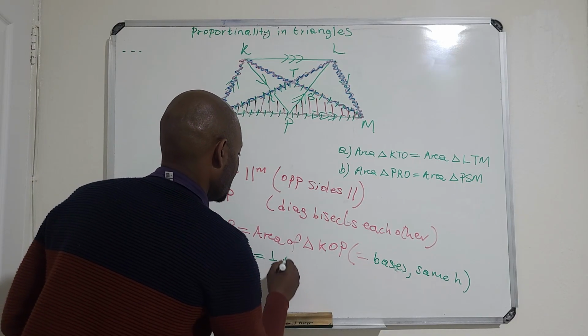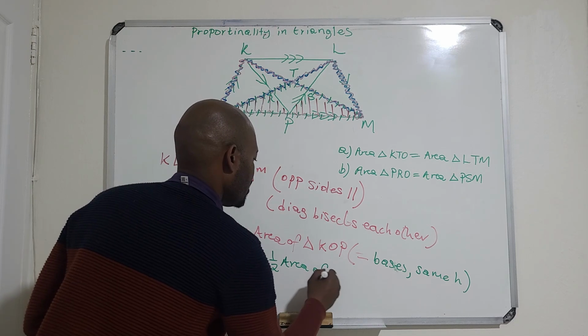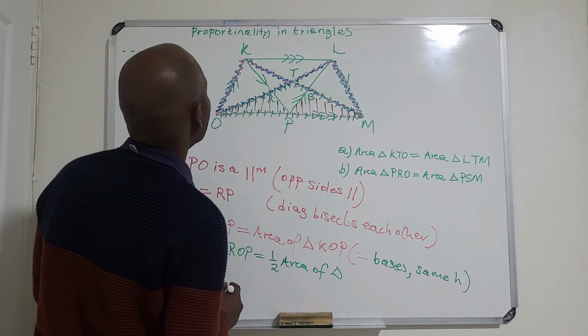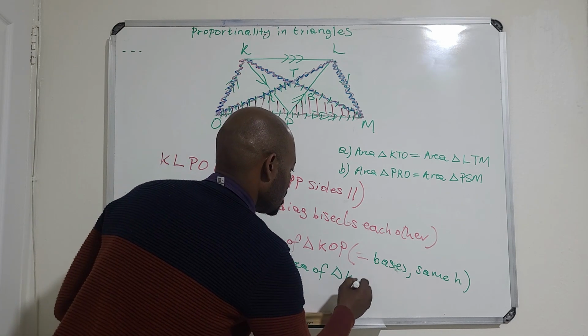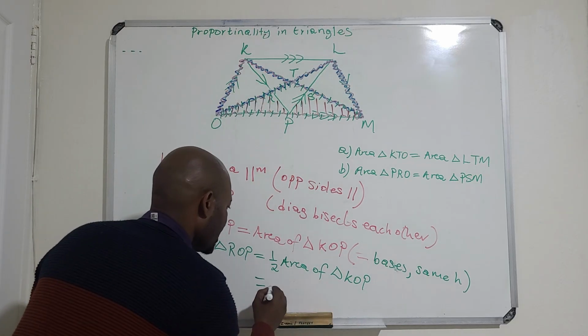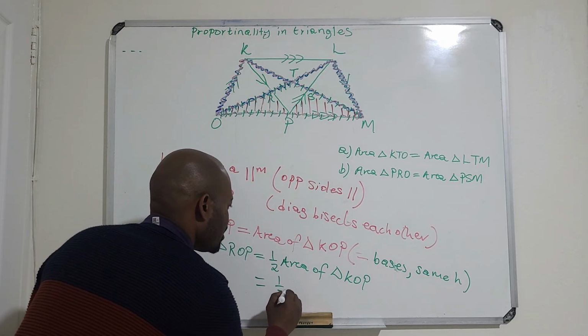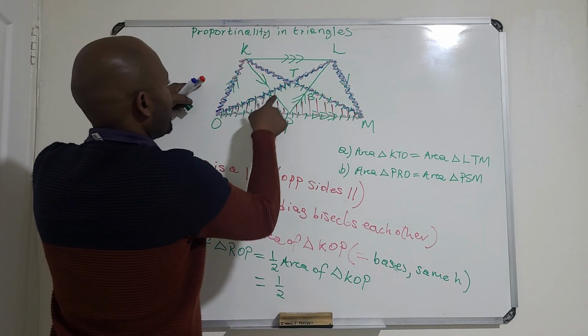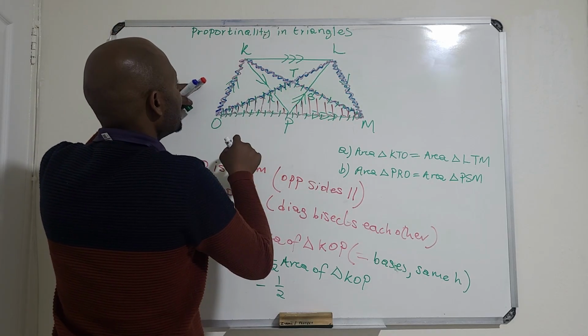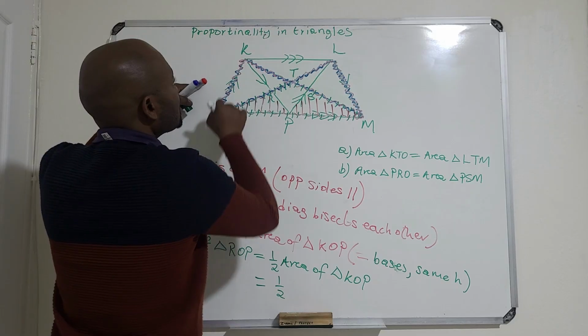half the area of triangle KOP, which is equal to half, obviously this is half this.